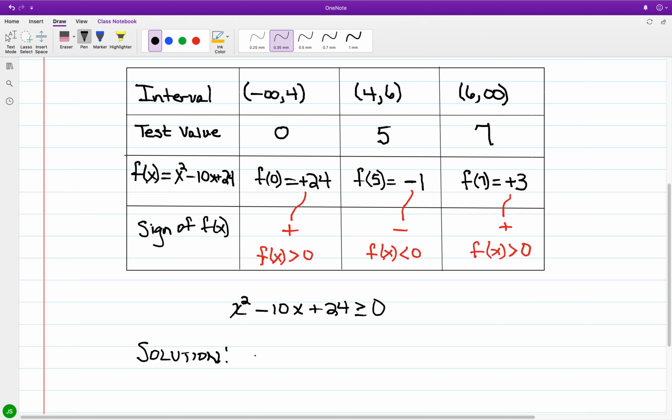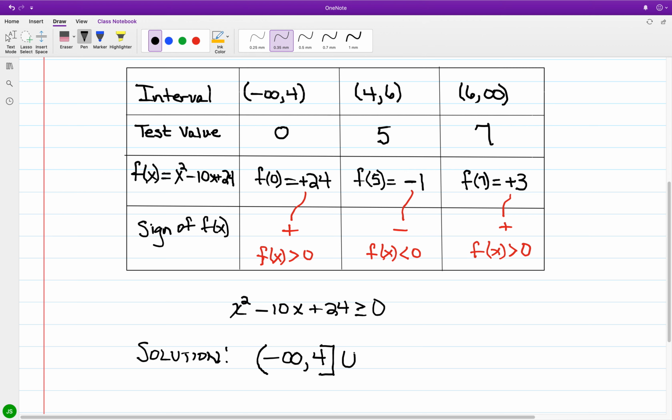So between negative infinity and 4. Infinities are unbounded, so they will stay in parentheses. Now with 4, since 4 is a zero, and since the inequality is inclusive of the equal to 0 notation, 4 is going to be enclosed.